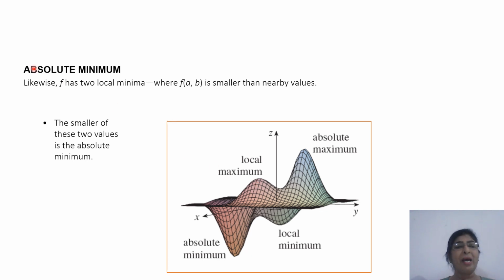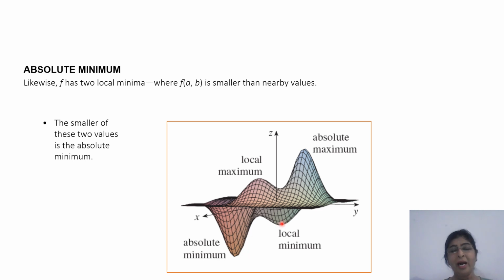Now what do you mean by an absolute minimum? At the point (a, b), the value of the function is minimum as compared to the nearby points (x, y).